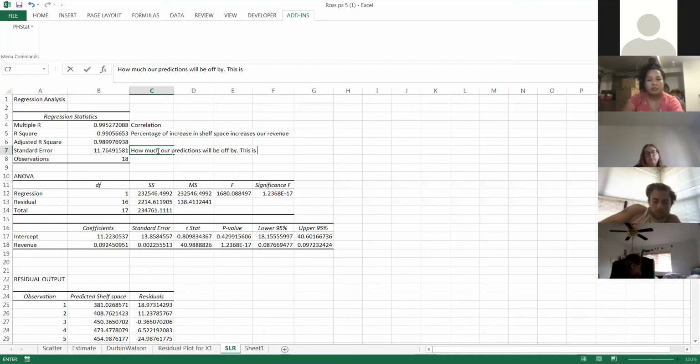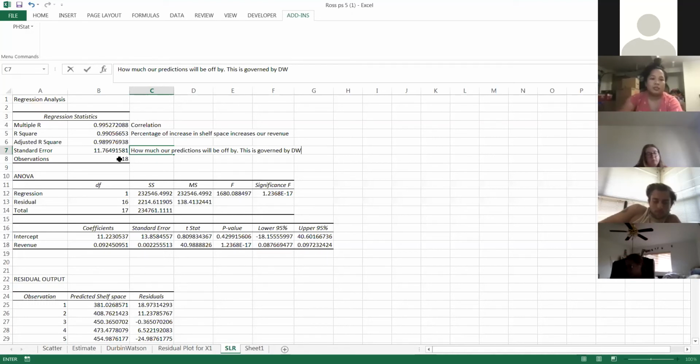This is governed by the Durbin-Watson. What do I mean governed by? If the Durbin-Watson's not above 1.3, that number is no good.